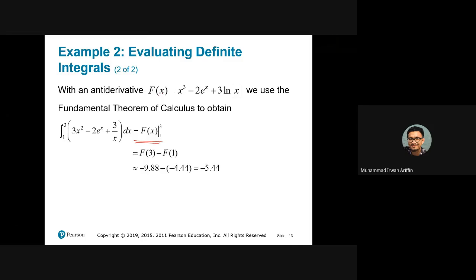So you simply need to replace all these x's with 3, and you should get negative 9.88. And then you substitute x equals 1, and you should get negative 4.44. Be careful with the negative sign here. This is negative, so they become positive. And the final answer would be negative 5.44. Okay, that's it.